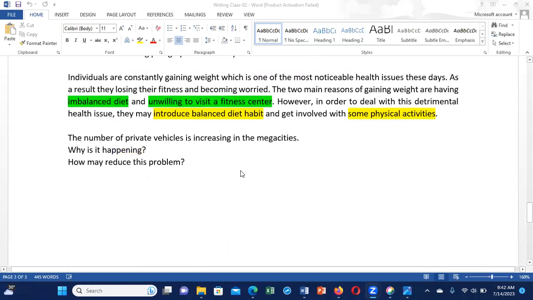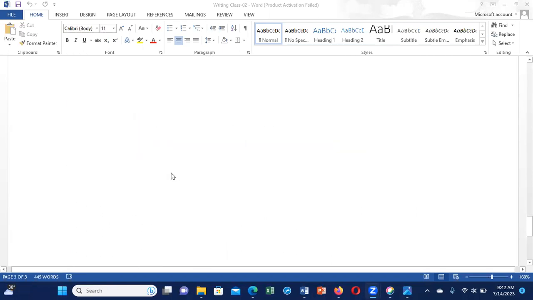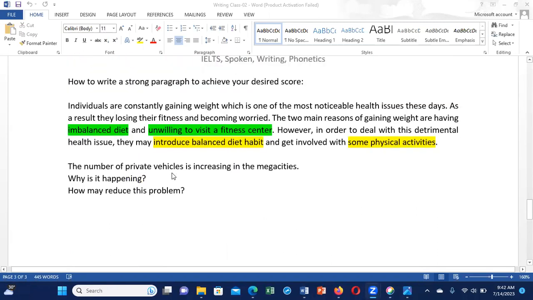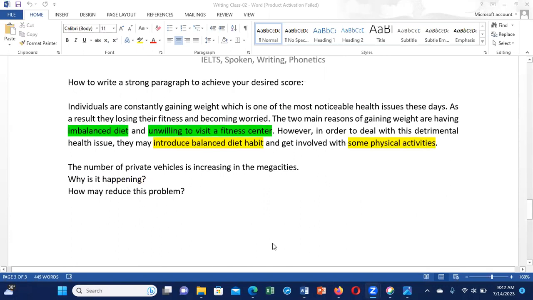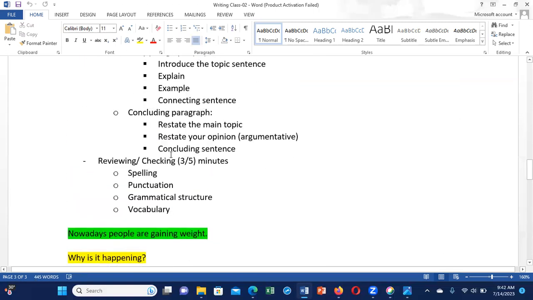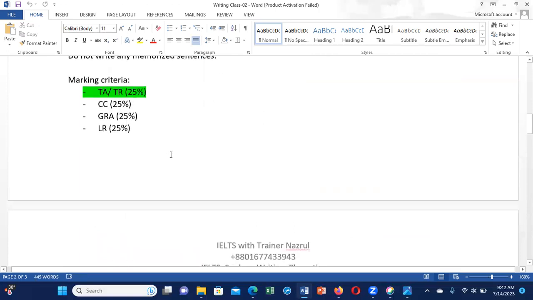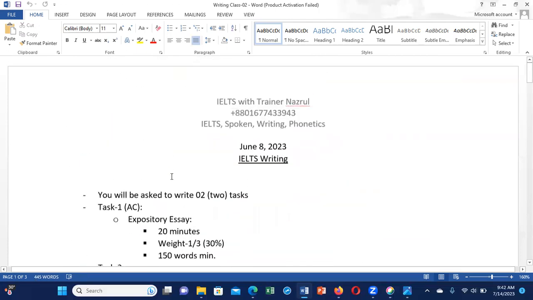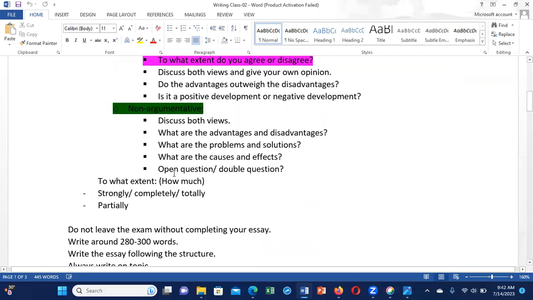Yes. Okay. You can see from this essay, last time when we did have a class, we got to know how to write an introductory paragraph. This is the introduction. You can see the question that we got some days ago.